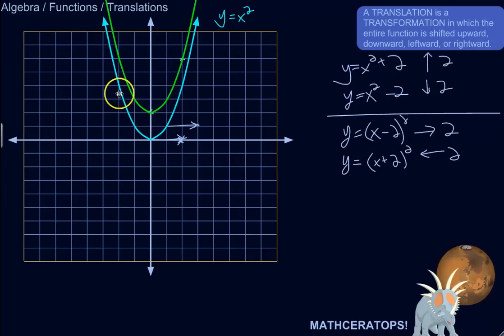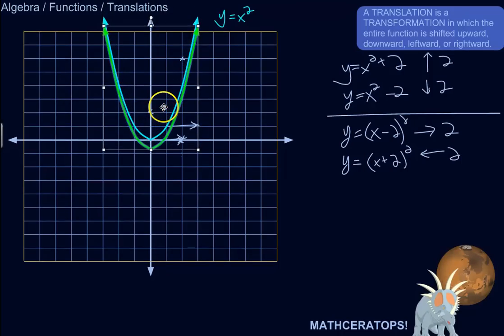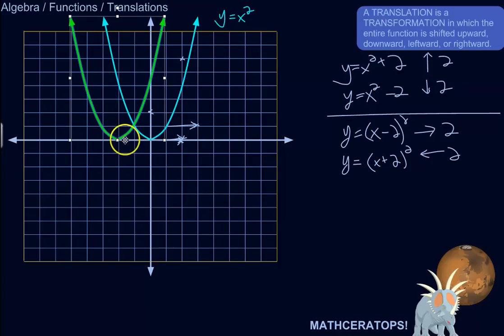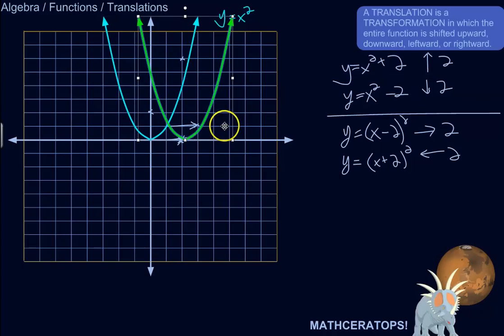I could just pick out some easy points where that's easy to see. This point plus 2. That's the shift upward of 2. Downward by 2 would be like that. x plus 2 squared would be like that, a shift over to the left of 2 units. And x minus 2 squared would be like that.